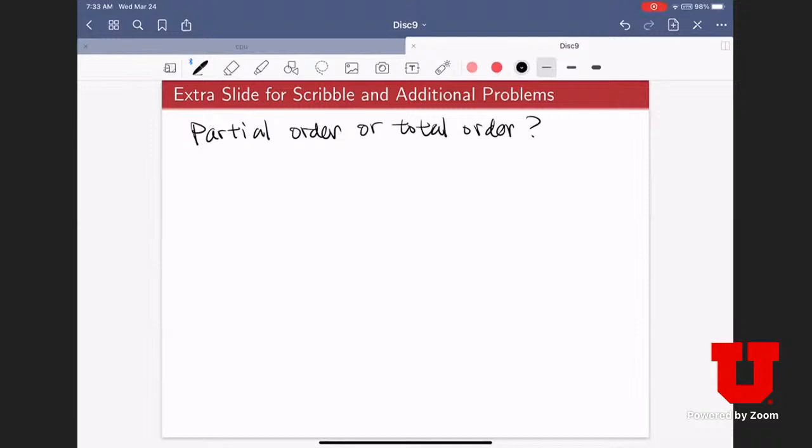So if R is a total order, then let's just check if it contains all the variables in it.